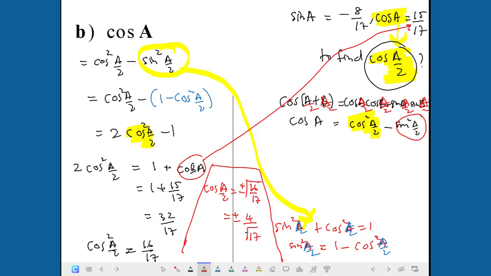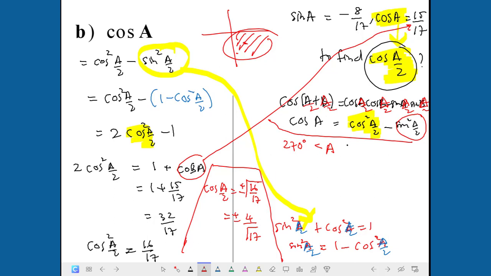Then check, because A lies in the fourth quadrant, starting from 270 degrees to 360, right? We're going to find A over 2 because the angle now is A over 2, so divide everything by 2.